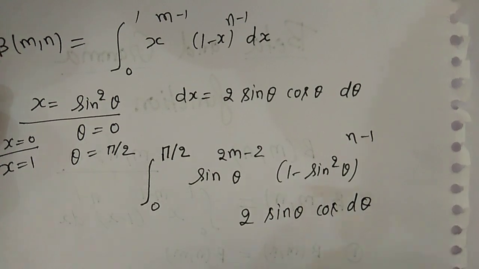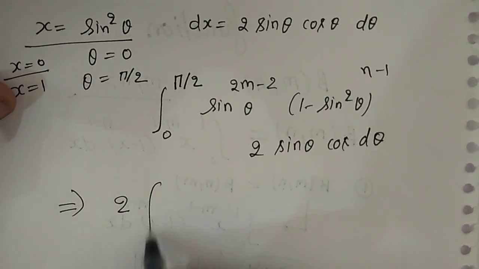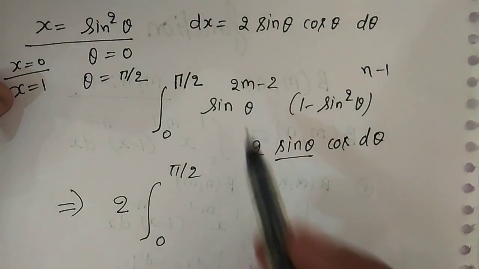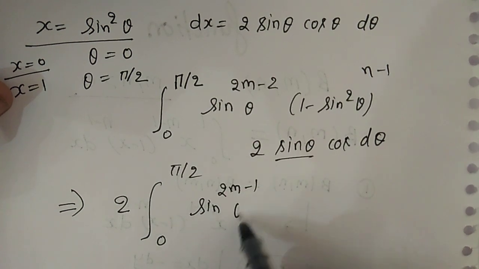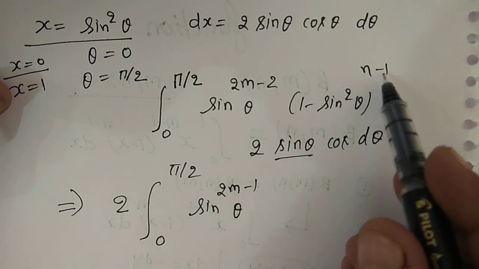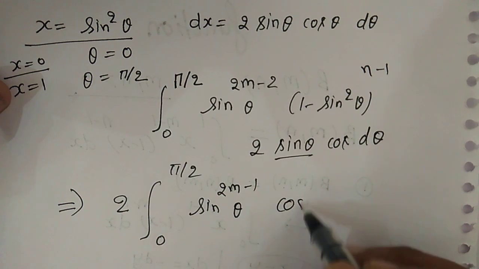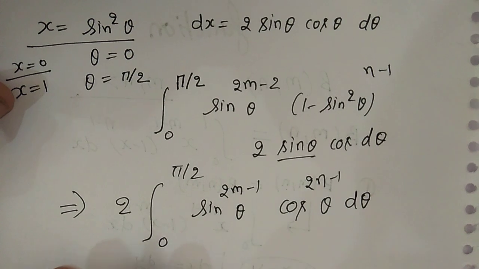Here we have (1 - sin squared theta)^(n-1), and dx equal to 2 sin theta cos theta d theta. If you solve, we get 2 times integral from 0 to pi by 2, and sin theta multiplied, so we get sin^(2m-1) theta, and this is cos squared theta, so cos^(2n-2) and multiplied by cos here, we have cos^(2n-1) theta d theta.